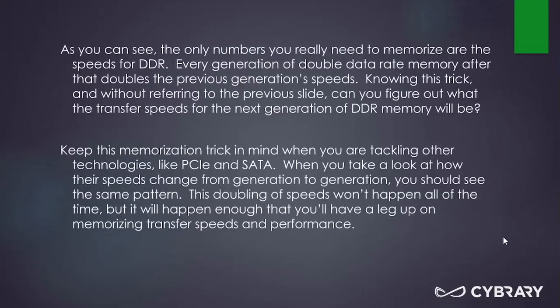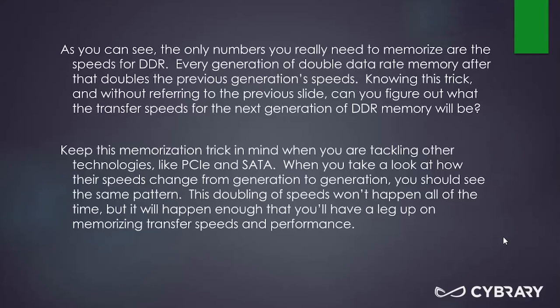So the only numbers you really need to memorize are those speeds for the DDR. That's it. I tell my students when they give you a laminated piece of paper, before you take your CompTIA test, before you take any test, you write down 200, 267, 334, and 400. And then from that, if they ask you questions on that topic, you can just double everything from there.